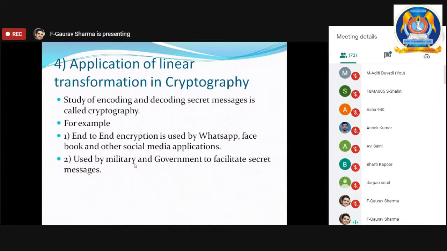It is used these days by many social media applications for security purposes, for the privacy of users, and they use end-to-end encryption. That is used by WhatsApp, Facebook, Telegram and other social media applications. And it is also used by the military and government to facilitate secret messages.